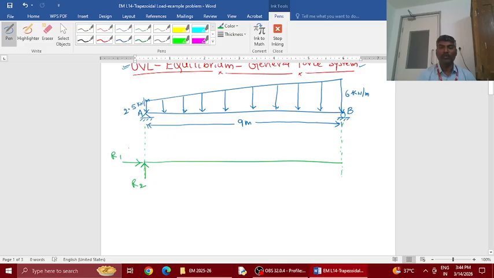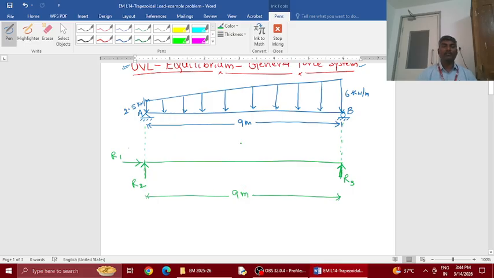Then by removing the roller at B, we'll have one reaction, which I'll call R3. The span of the beam, or the length of the member, is 9 meters.